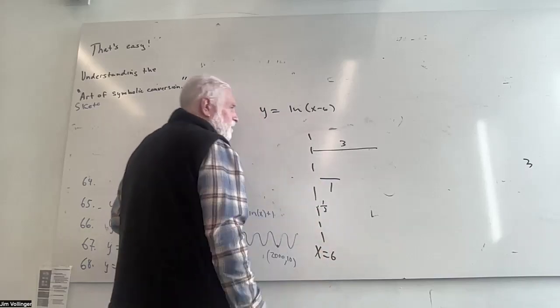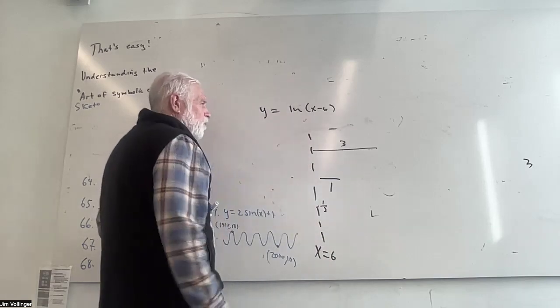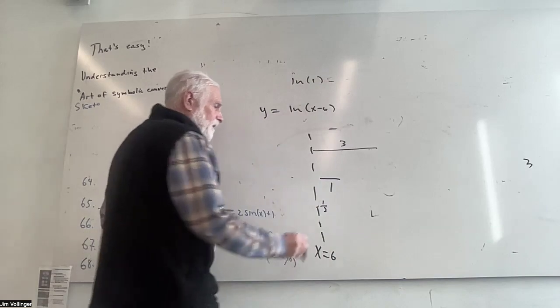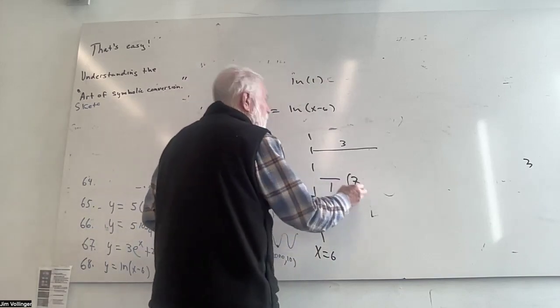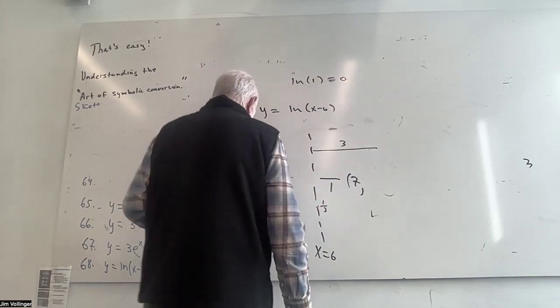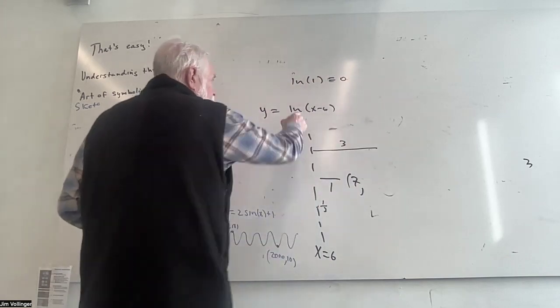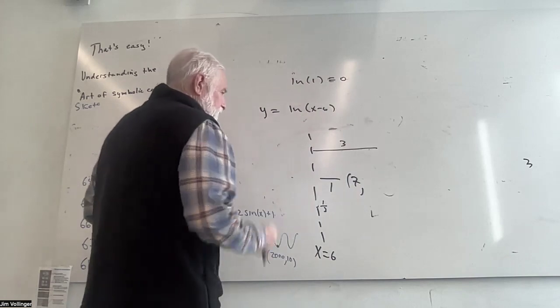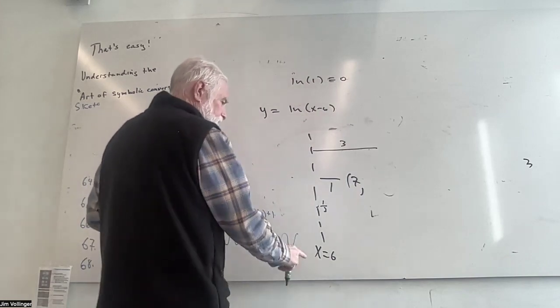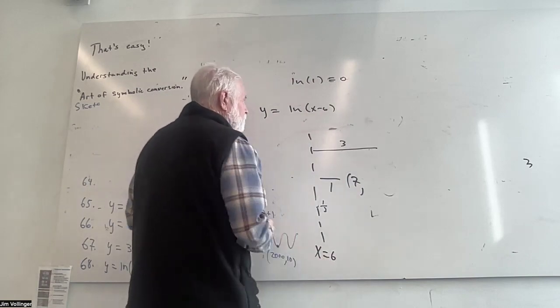I need numbers bigger than 6 for this calculation to work. So I want the ln of 1 next. Guess I'm picking 7. The ln of 1 is 0. And so 0, where's my function here? Oh, there is no constant. So 7 gets me a 0, which is 1 unit from.